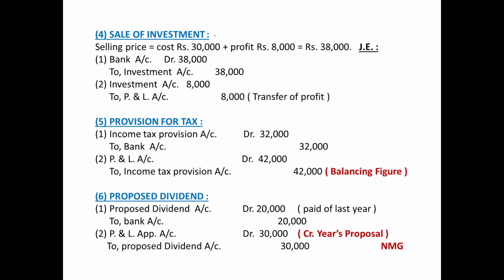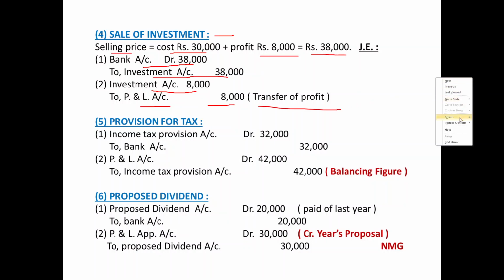Working note number 4, sale of investment. Cost 30,000, profit 8,000, selling price 38,000. Journal entry, bank account debited 38,000 to investment account credited 38,000. Second, for transfer of profit, investment account debited 8,000 to profit and loss account credited 8,000 transfer of profit.